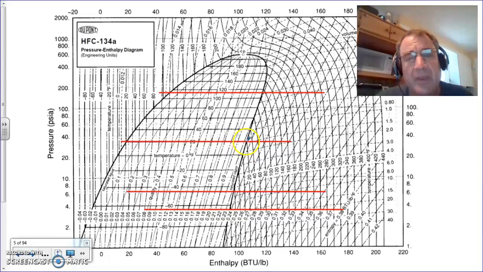Once we boil all the refrigerant off in the evaporator, we add about 10 degrees Fahrenheit of superheat to the refrigerant vapor after it's all evaporated, so that by the time the refrigerant vapor leaves the evaporator, it's at a temperature of about 30 degrees Fahrenheit. Right here, you can see these lines of temperature: 20 degrees Fahrenheit, 40 degrees Fahrenheit. So this would be 30 degrees Fahrenheit right here.